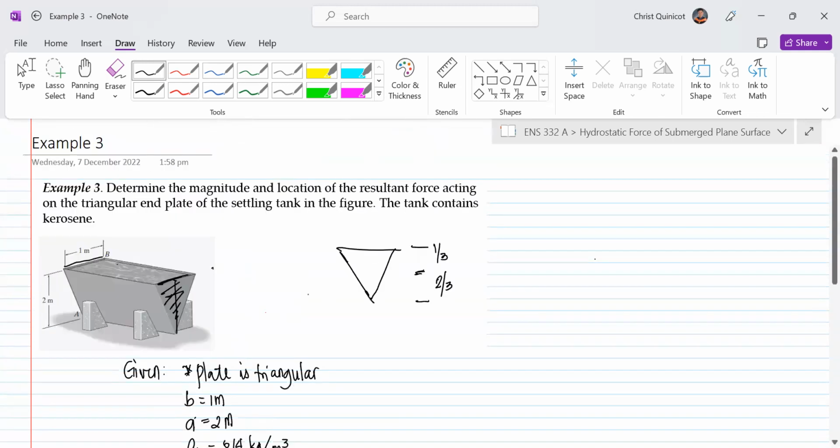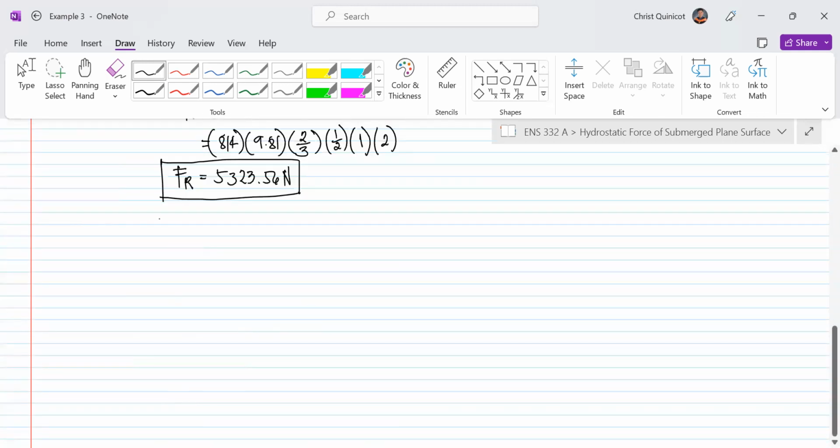Now we find our center of pressure, CP, which has, of course, x sub p, y sub p coordinates.